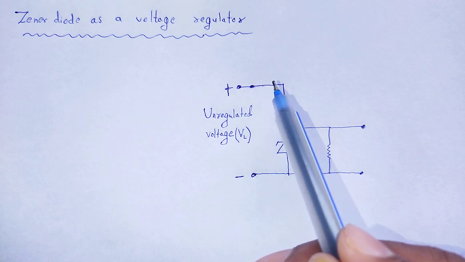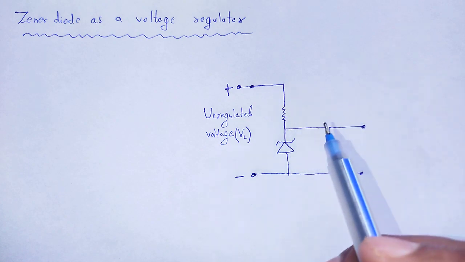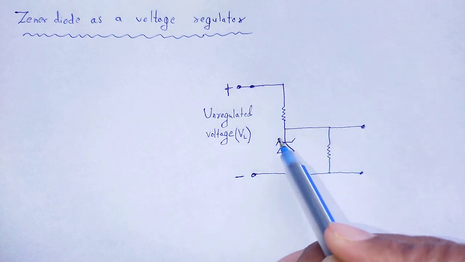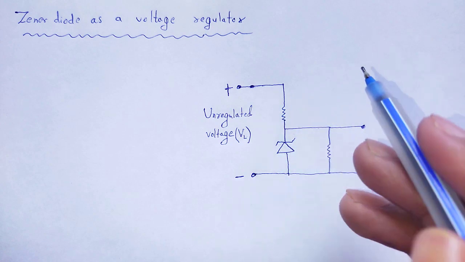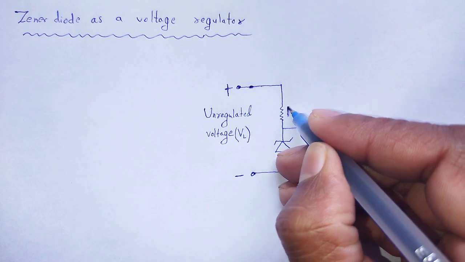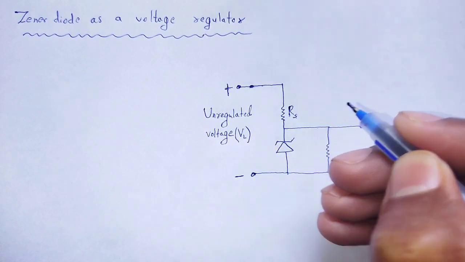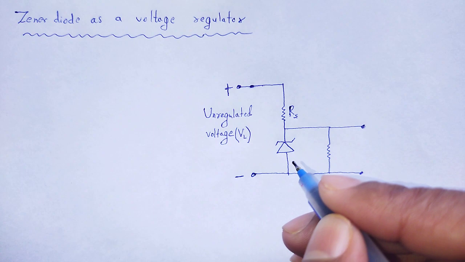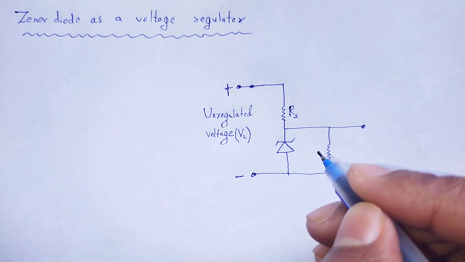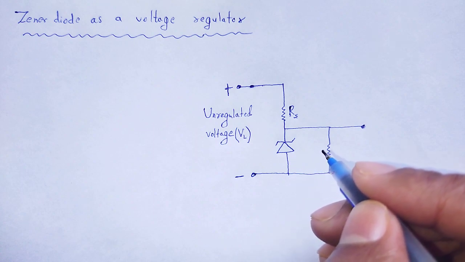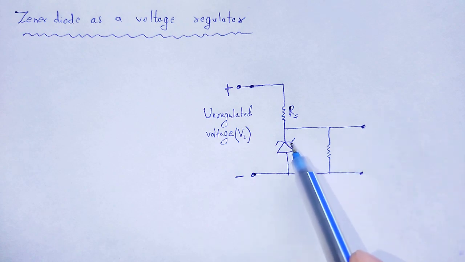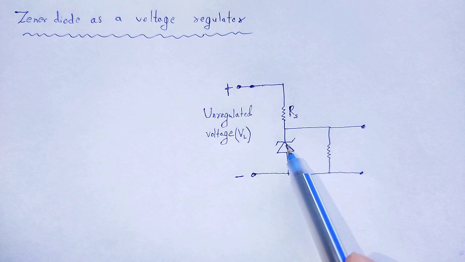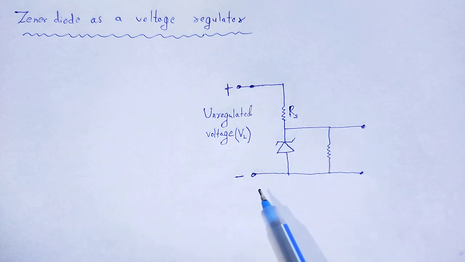That voltage is connected to that Zener diode through a series resistance Rs, such that the Zener diode is reverse biased: that end is connected to positive, that end is connected to negative.